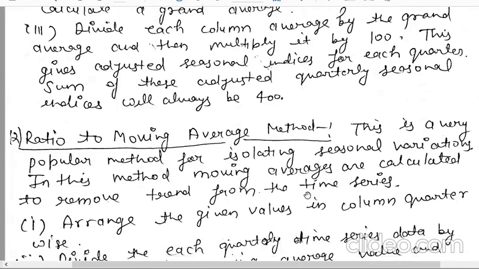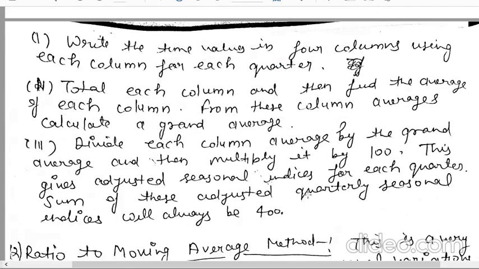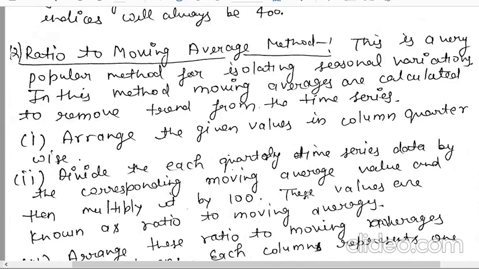Now, the second method: the ratio to moving average method. These are the components of the time series. The first one is this one. There are 3 points here, and the second one is the ratio to moving average method. This is a very popular method for isolating seasonal variations, right?